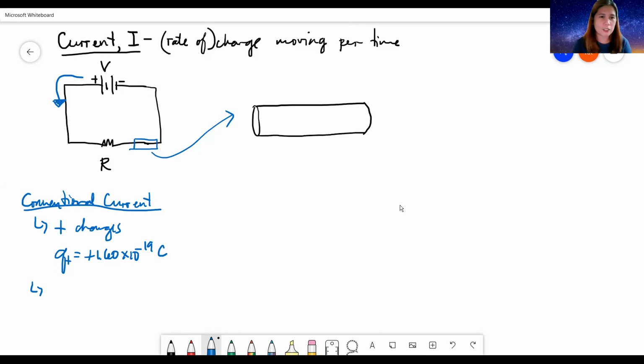So this is our positive charges, conventional current I. So we say that the motion is from the positive terminal of your source, from plus to the minus. So in this case, since we put the positive terminal on the left side, the conventional current goes counterclockwise, yung current natin.